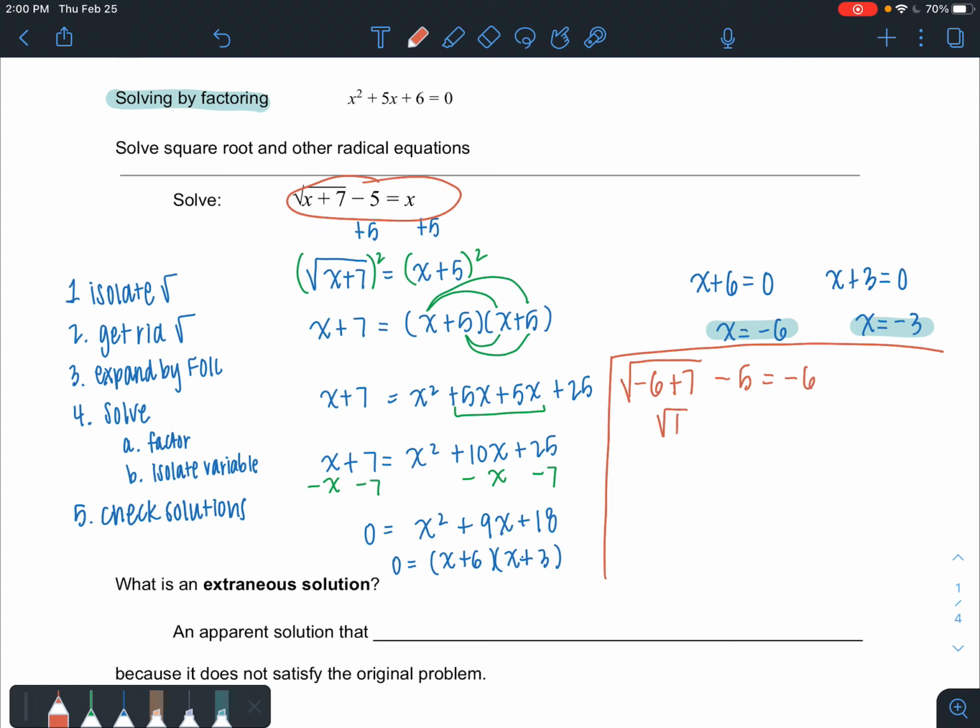So we have square root of 1 minus 5 equals negative 6. So negative 4 is equal to negative 6. That is not true. So negative 6 is not a solution. That is an extraneous solution.